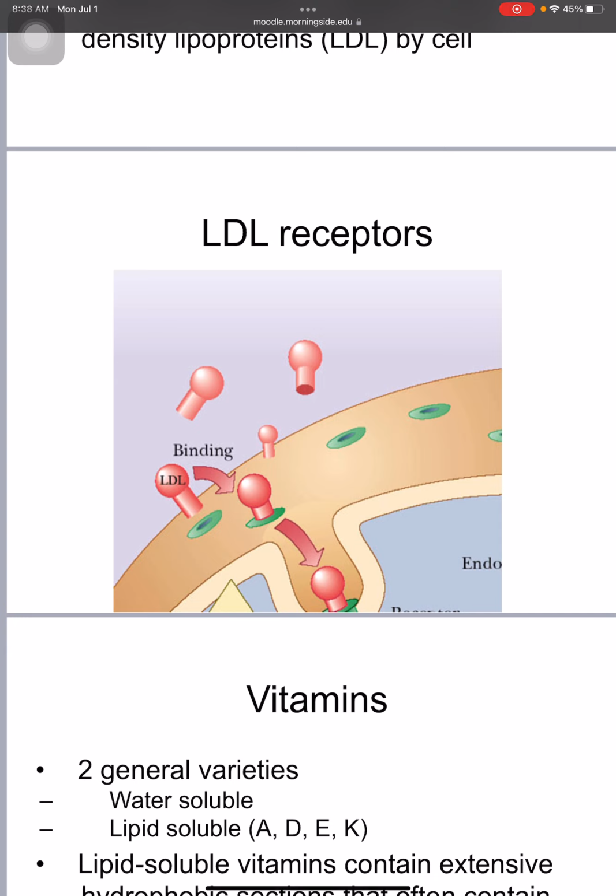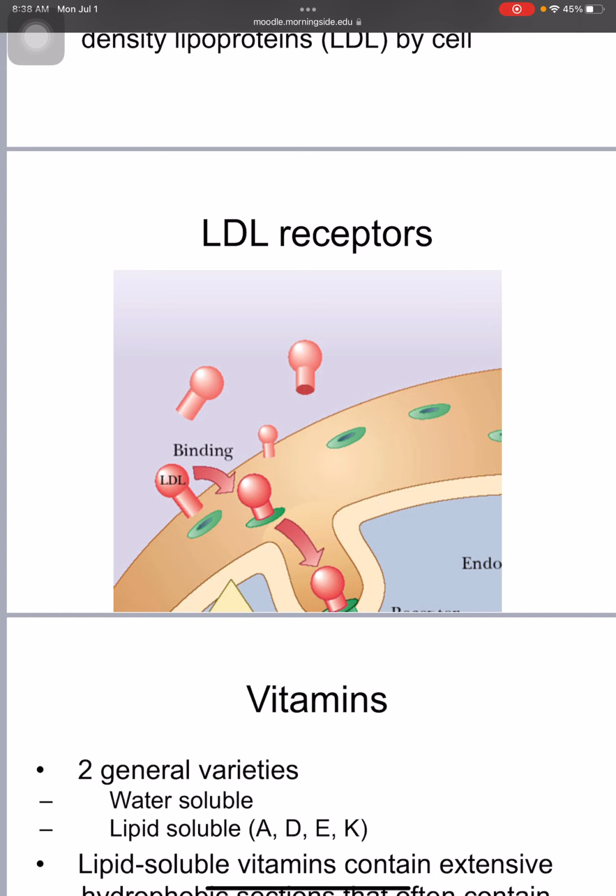So what happens is you will have a process called endocytosis, where the cell will bring in that LDL receptor complex and pinch it off. You've seen this in biology classes with other things. This one's specific to LDLs. It pinches off and brings in your LDL receptor complex, and then it'll break them apart.